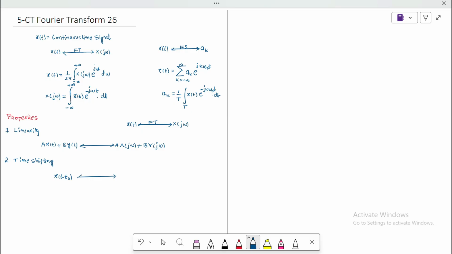For that, x of j omega is multiplied by the exponential, equal to e power minus j into omega into t naught. For the positive shift, you should write plus. So this is the time shifting property. This is very, very important.